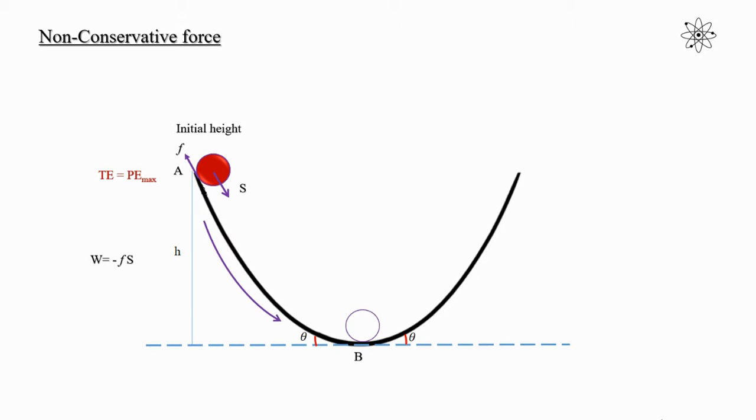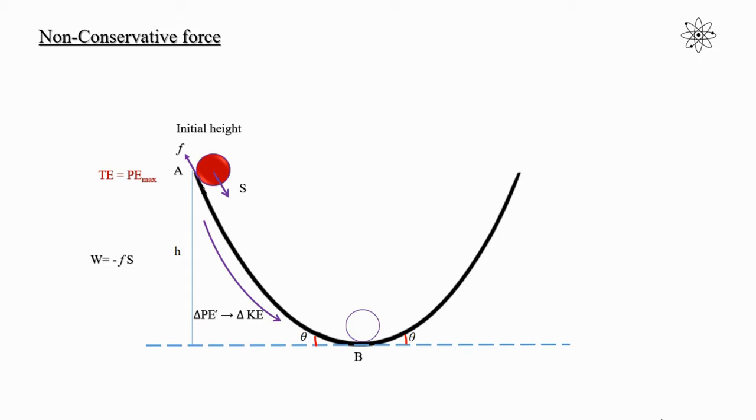Now during this motion from position A to B, it is observed that the total potential energy is not converted into kinetic energy. So I mention over here, the change in potential energy, PE dash, gets converted into kinetic energy.